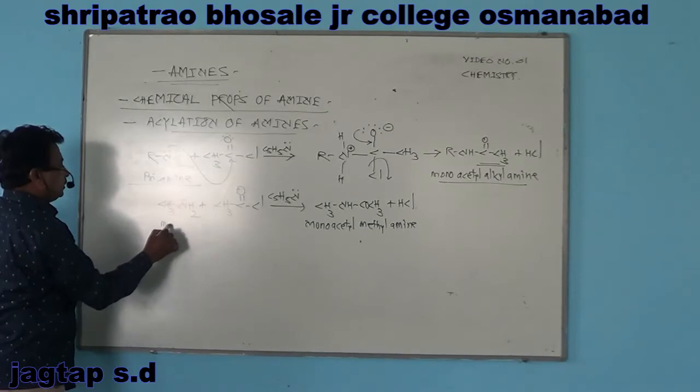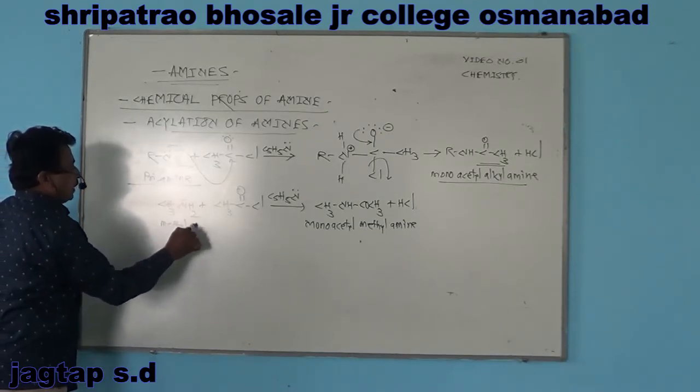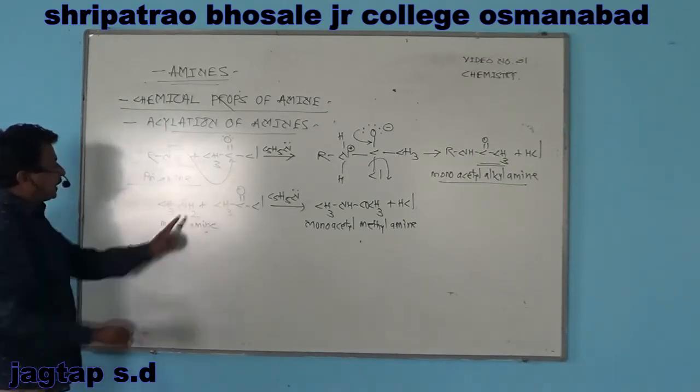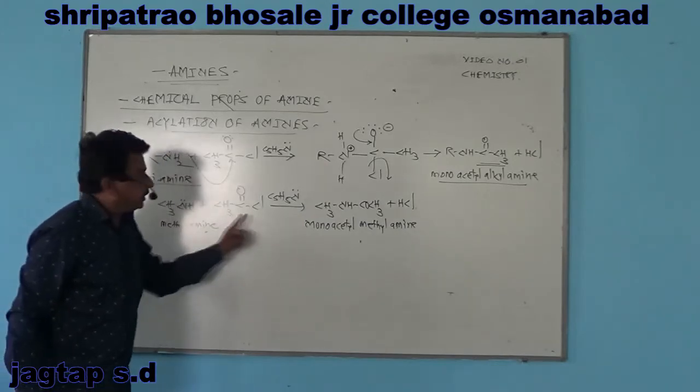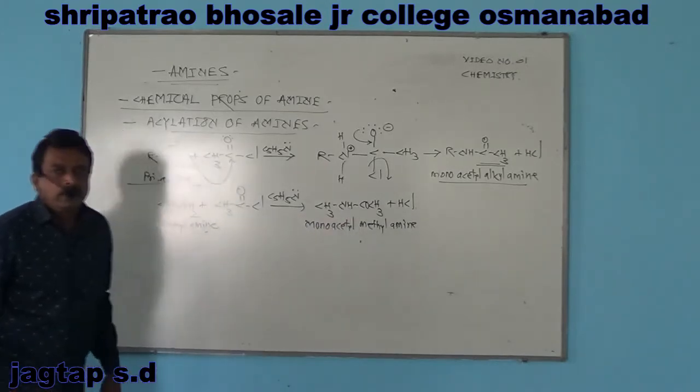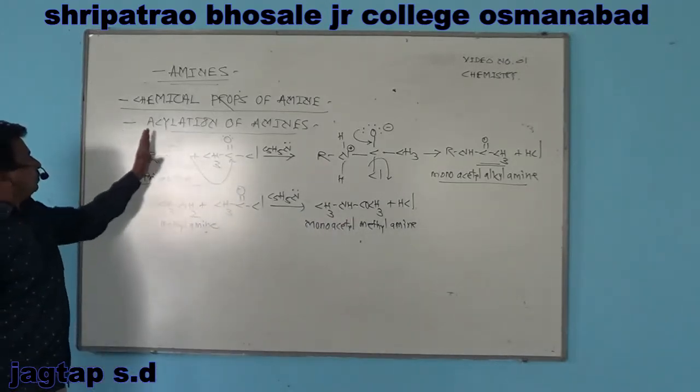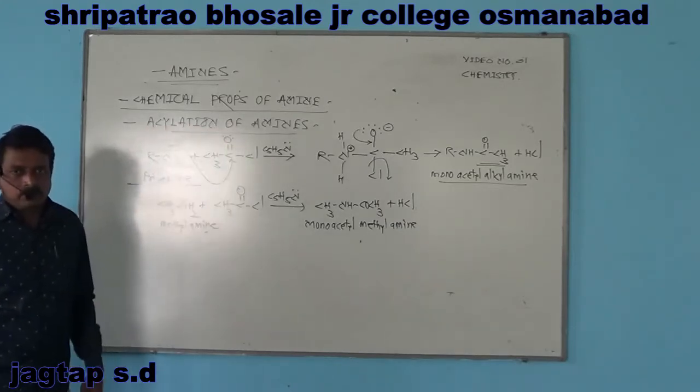Starting material is methylamine, that is, a primary amine. In this reaction, one hydrogen atom on the nitrogen atom is replaced by an acetyl group. Therefore, this reaction is known as acylation of amine.